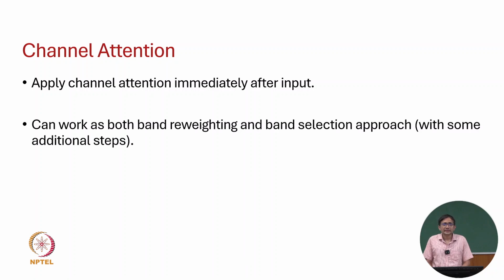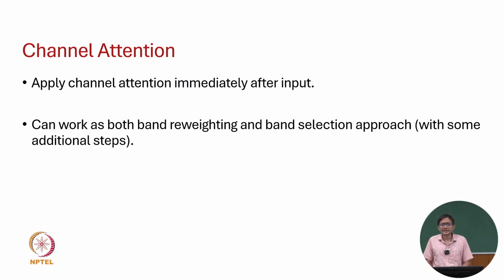This in a way can work as band reweighting. Of course, if we just retain this network, this works as a band reweighting. However, this can also work as a band selection approach. How? Let's say this band reweighting is learned on a subset of the data, okay?